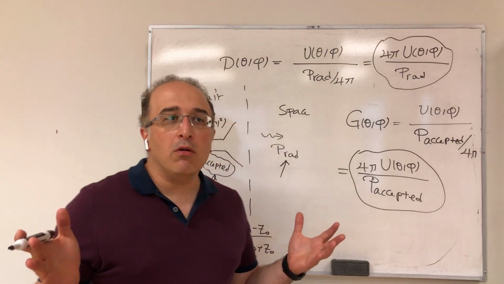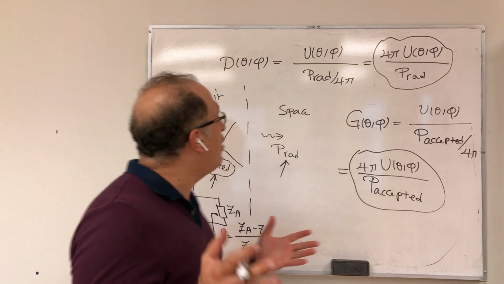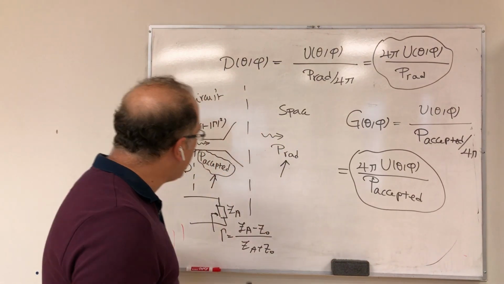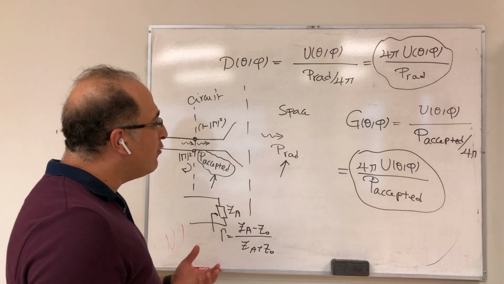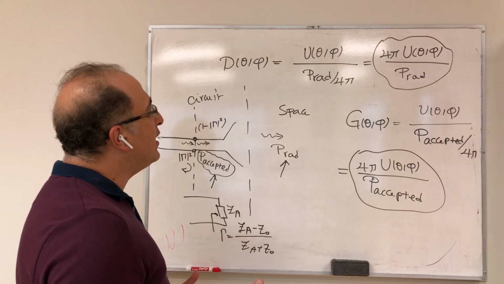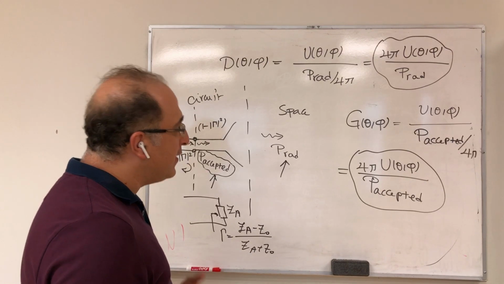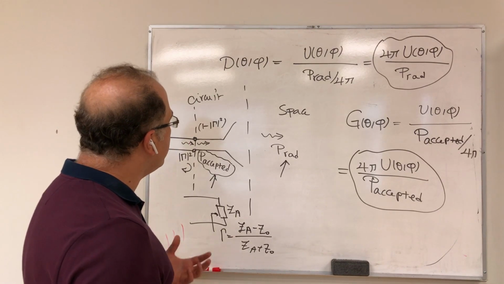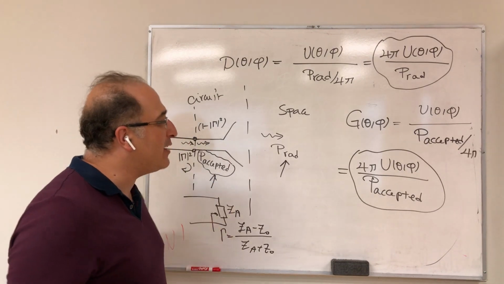Okay, so we have now our directivity and gain, and one question could be, what is the relation between directivity and gain? The relation is essentially the relation between P accepted and P radiated.